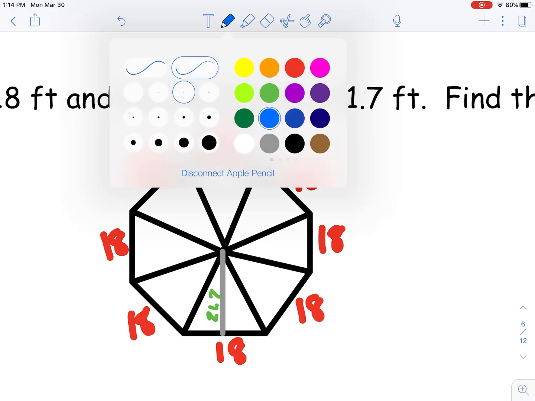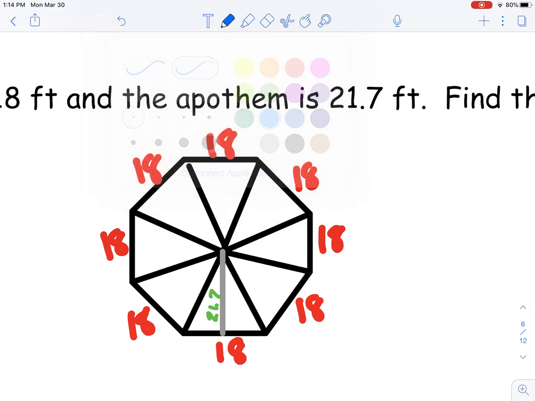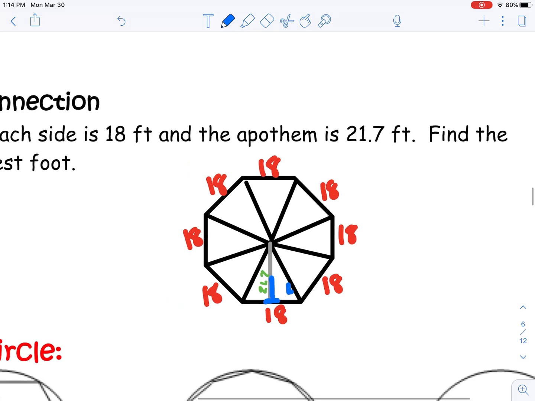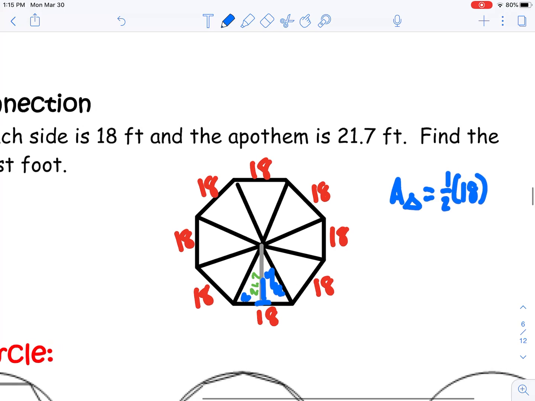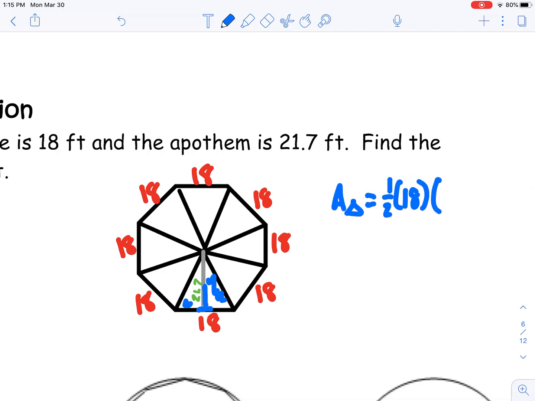Because notice, if you look here, you'll see that we know both a base and a height of this triangle. So we can find the area of that triangle. The area of that triangle is 1/2 base of 18 times height of 21.7.